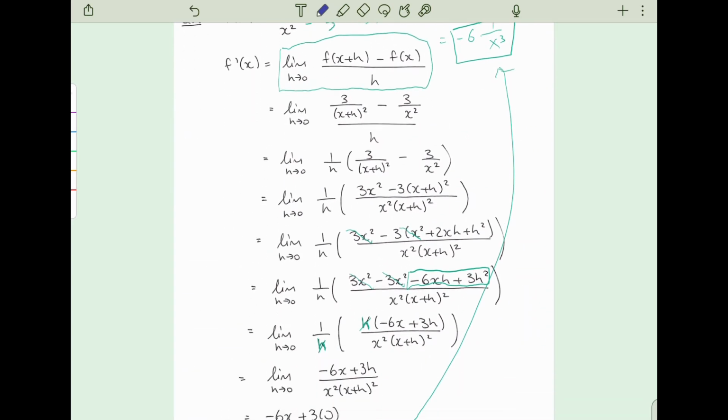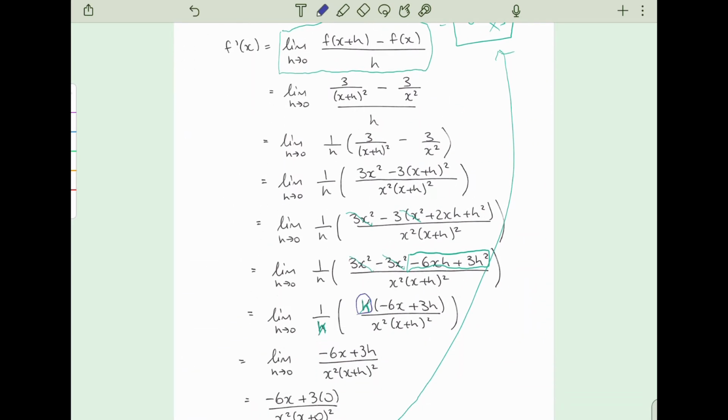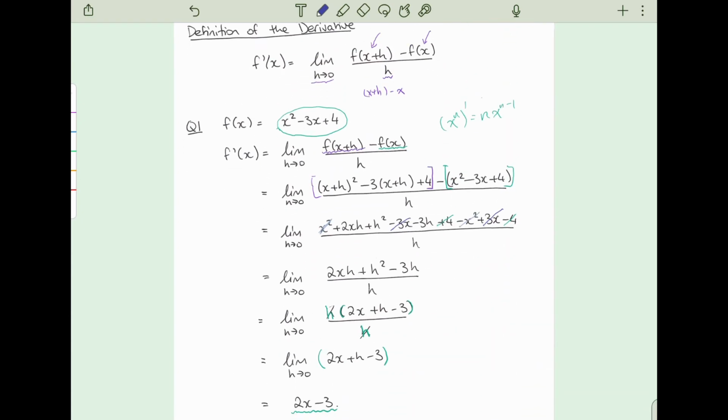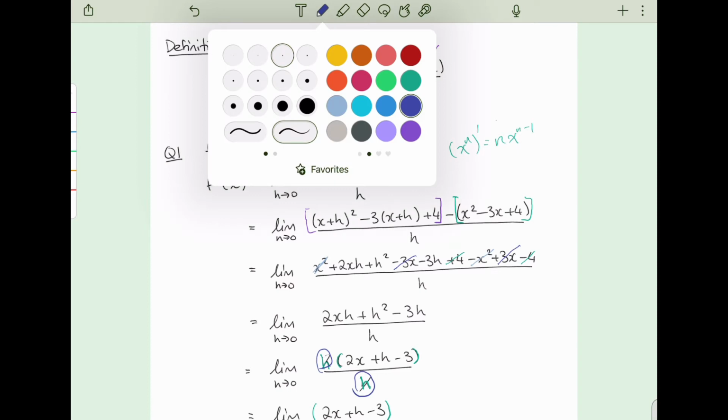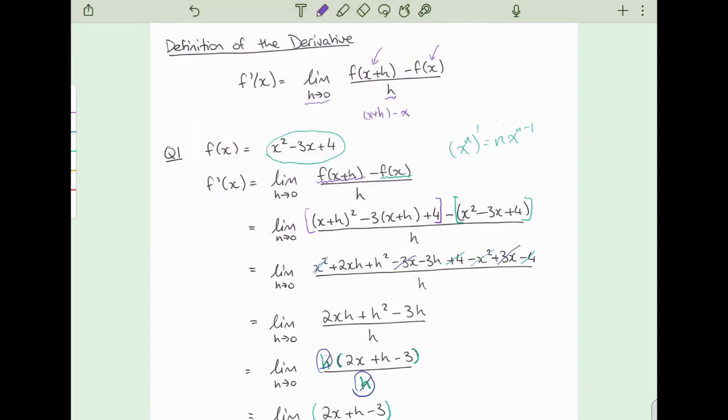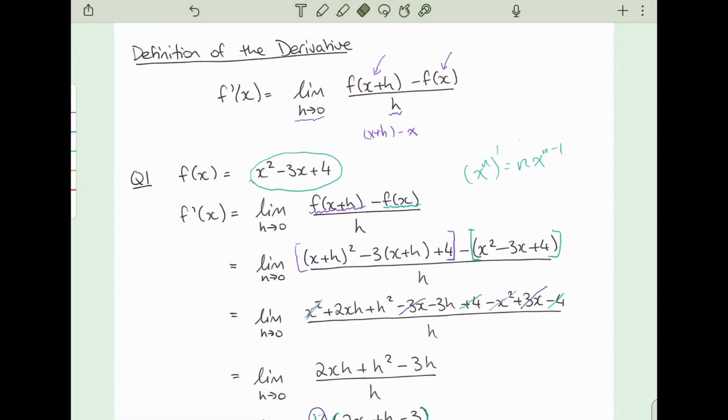And question 2, these 2 things cancel out, right? 0 factors. Question 1, these 2 h's cancel out. So in this type of questions, using the definition to find the limit, you must know that the h in the bottom here must be cancelled out before you can plug in.